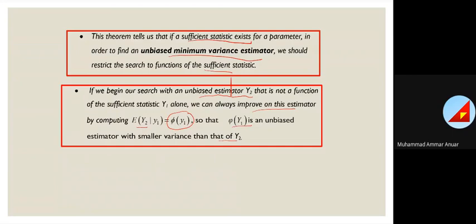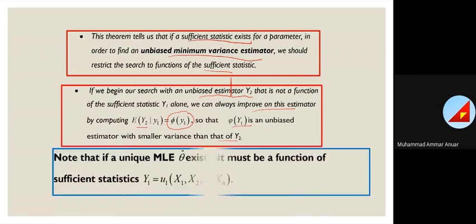Let's refer to the example, sorry. We have another definition. This one is also related to MLE. If we compute the MLE, normally if your MLE exists, your MLE must also be a function of the sufficient statistic.